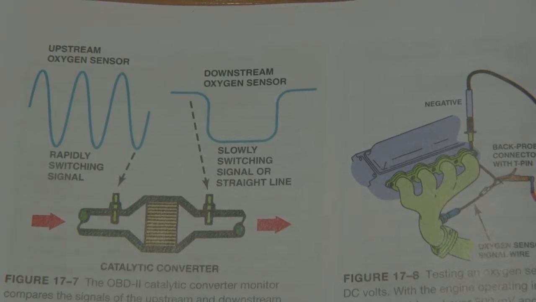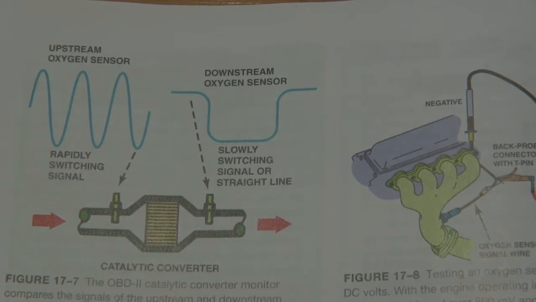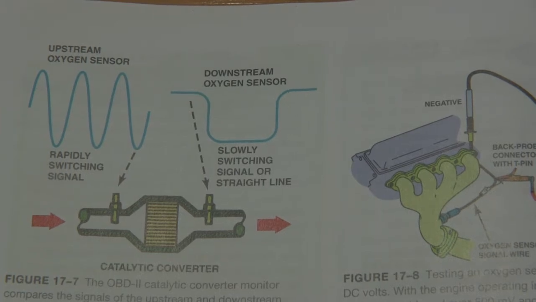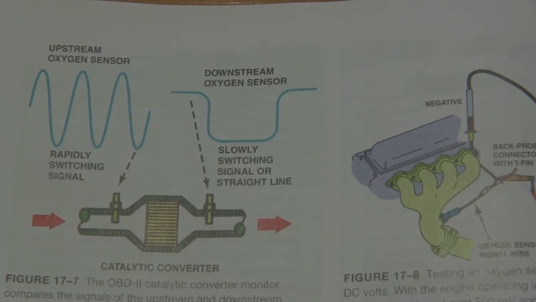The catalytic converter is supposed to be an inert reactor to mellow out and burn up and convert unwanted emissions into more desirable emissions.